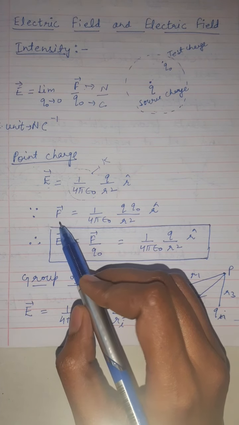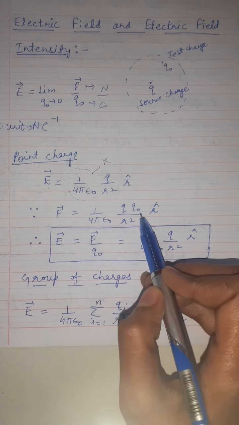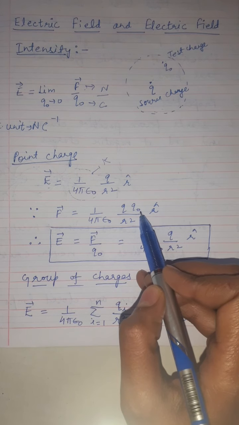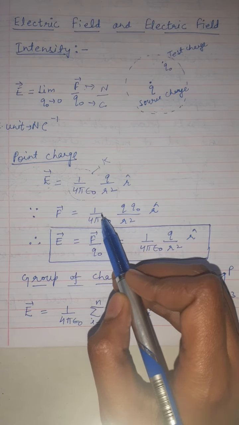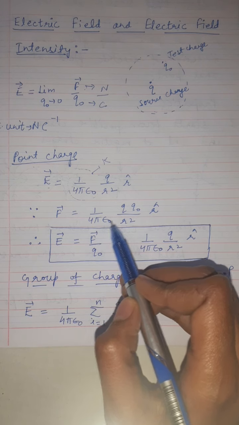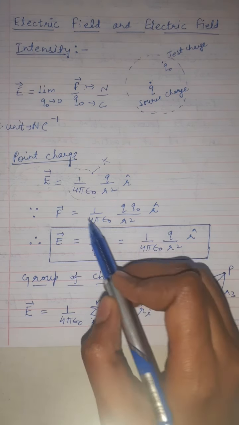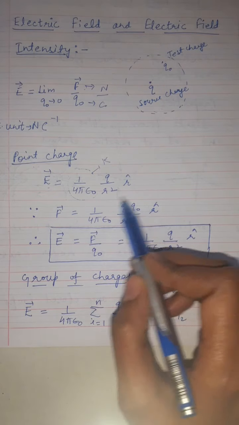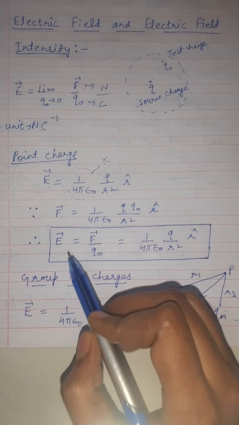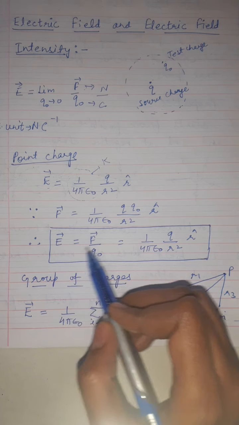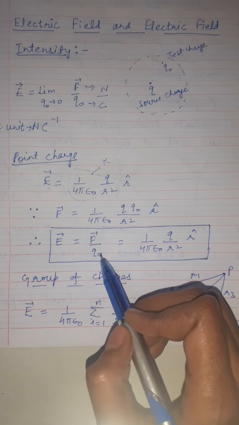As we know, the force between Q and Q naught, that is the source charge and the test charge, will be equal to 1 upon 4 pi epsilon naught Q Q naught upon r square r unit vector. This is same as what we learned in Coulomb's law. So by the formula, electric field intensity will be equal to what? Force upon Q naught.